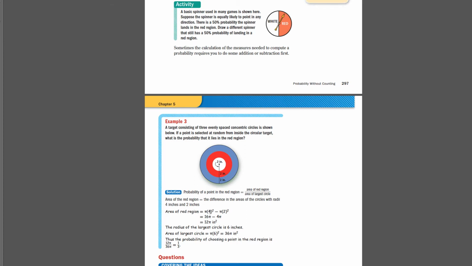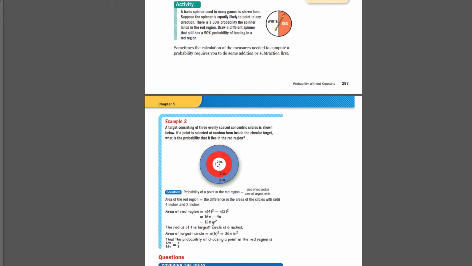That's the area of the circle with the 4-inch radius. And we need to subtract from it the area of the white circle, and that white circle has a 2-inch radius, so that's pi times 2 squared, which is 4, so we have 16 pi minus 4 pi. That leaves us with 12 pi inches squared.